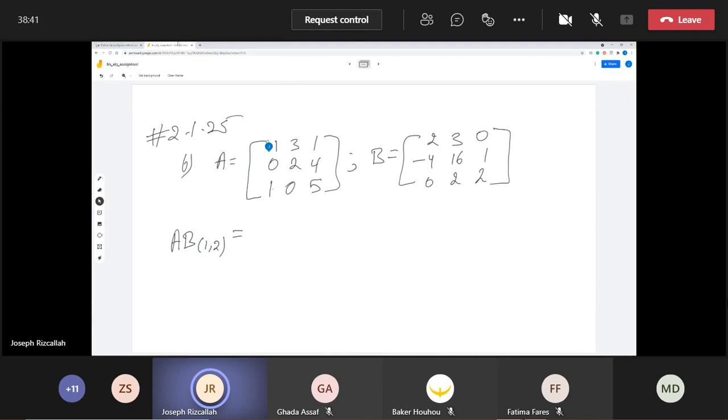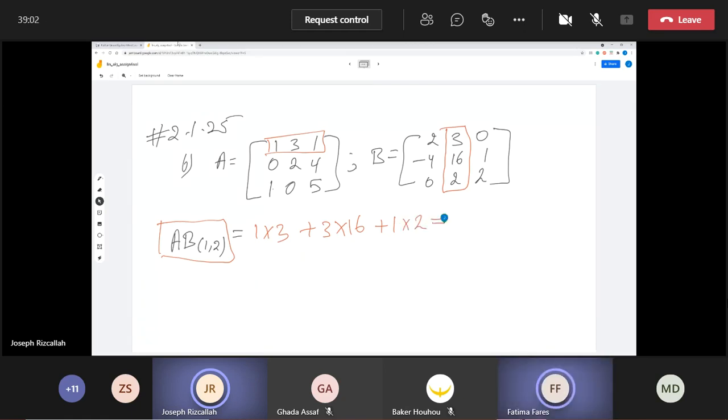So I need to use this one here. The red one here. And let's see, we get 1 times 3, plus 3 times 16, plus 1 times 2. So this is 53.